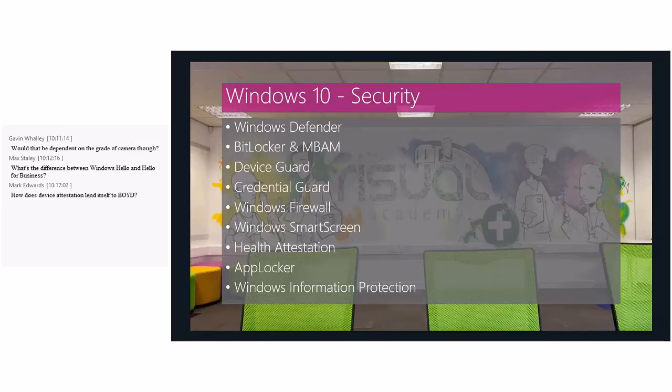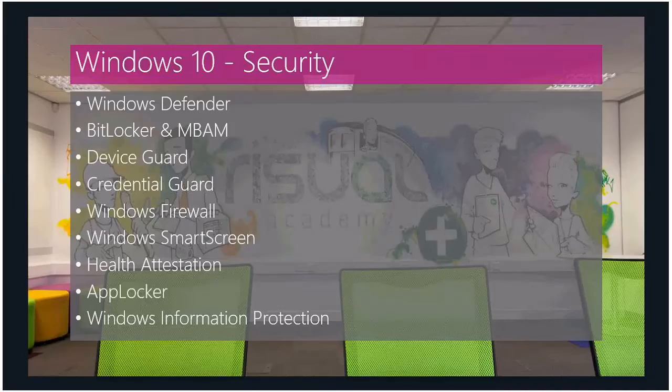So Device Guard is kind of running Hyper-V code under the hood, isn't it? It's using Hyper-V technology to provide that separation mechanism between the underlying hardware and the operating system on top. That's right.